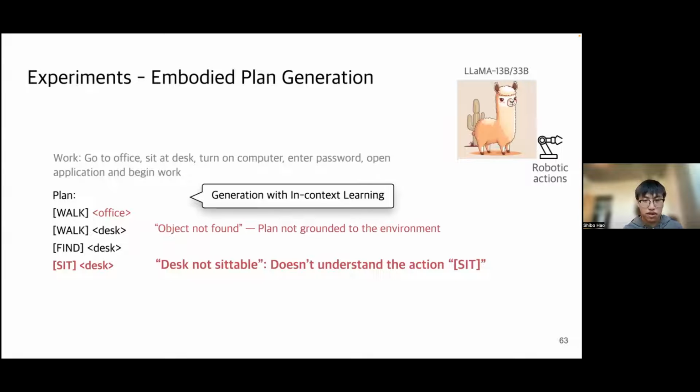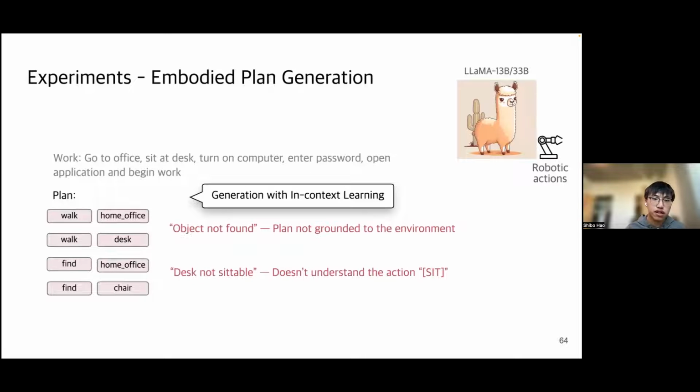But that's something we cannot tell from just looking at the text description of the tool, right? And that's why we need to encode the tools into embeddings, which can capture richer information about the tool. So if the plan is generated with ToolkenGPT, first, we can put all the valid actions and objects in the token vocabulary, which naturally solves the first problem.